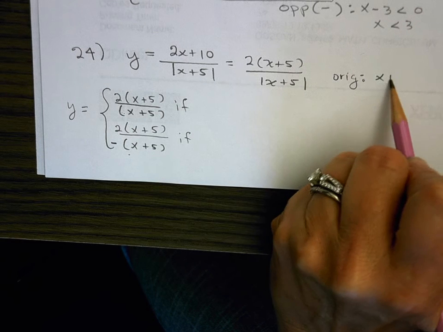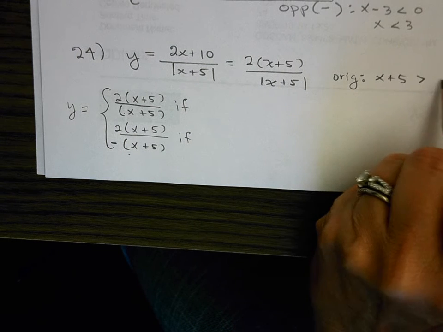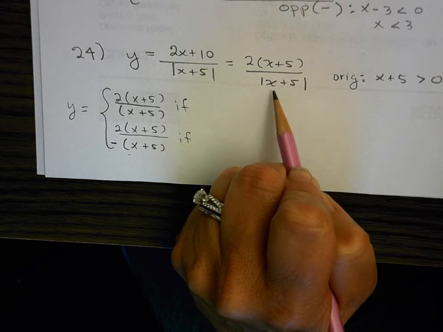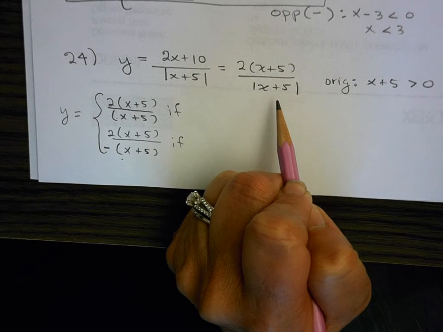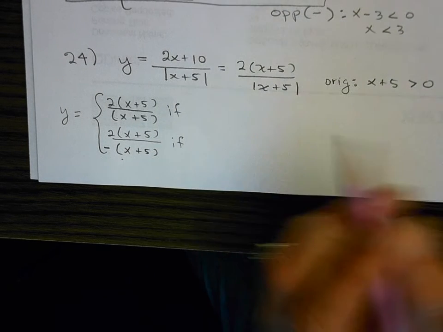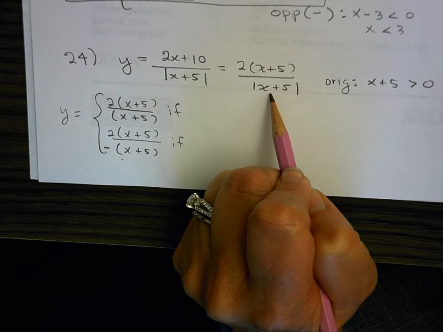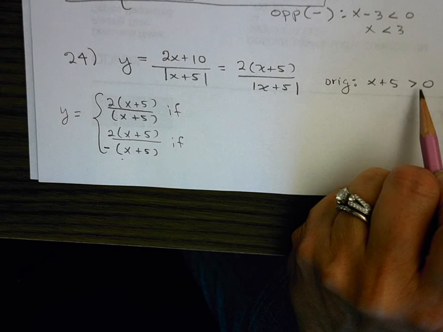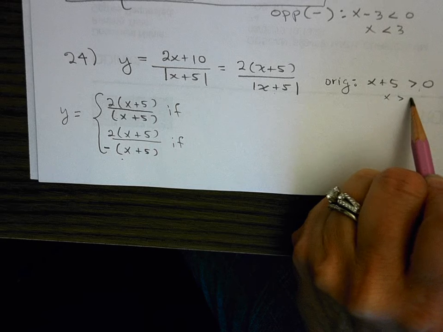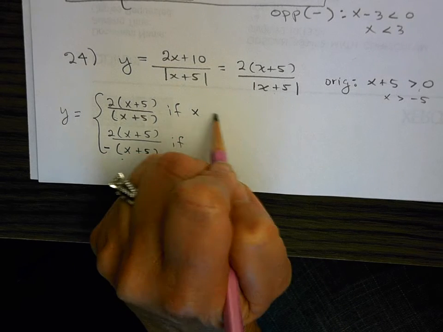So when x plus 5 is greater than, and I said equal, but it can't equal because it's in the denominator. Because if it equaled 0, we'd be dividing by 0. So this is only true if this part is positive. To say that's positive means to say it's greater than 0. So that means x has to be greater than negative 5.